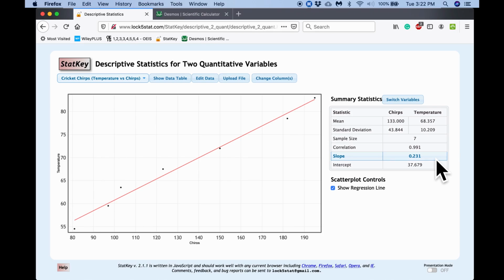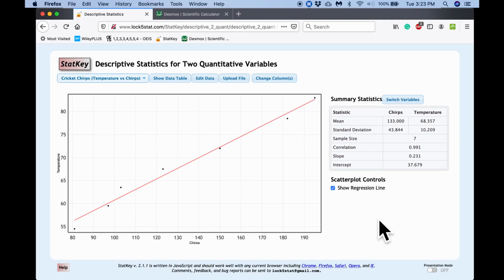So we have 4 tasks with this problem. We want to know what is the equation of this line. Now, I would pick some variable names that are meaningful here. So let's let T be the temperature. And so I'm going to call T hat the predicted temperature. So T hat is going to be equal to, and I'll use C for the beats per minute, the chirp rate.